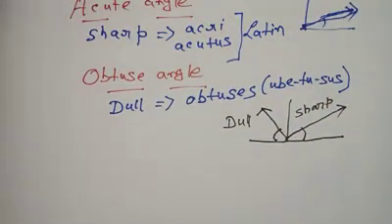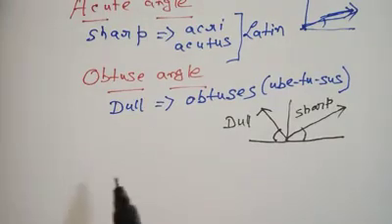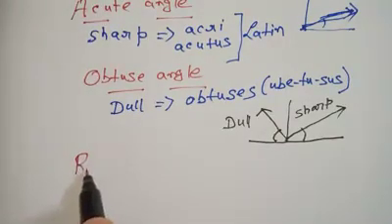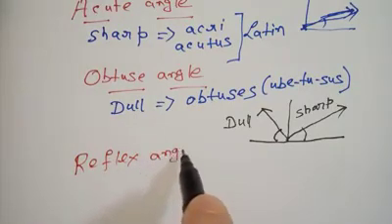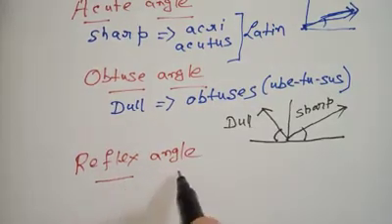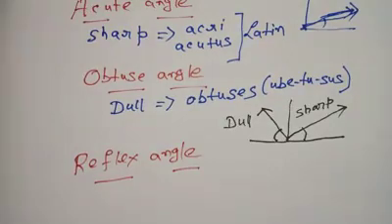straight one. Now we come to the final part, which is called the reflex angle. In general, in English, when we are writing these things, say for example reflex, what it actually means, it means reflection.